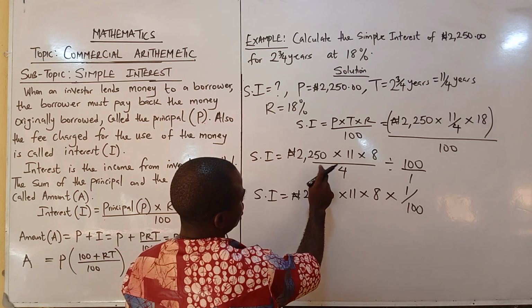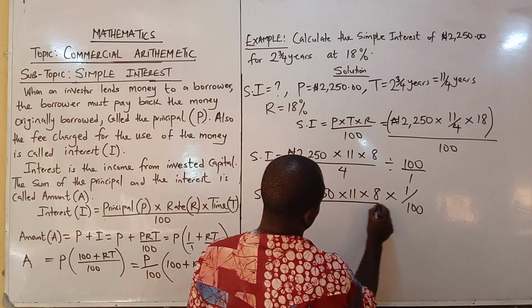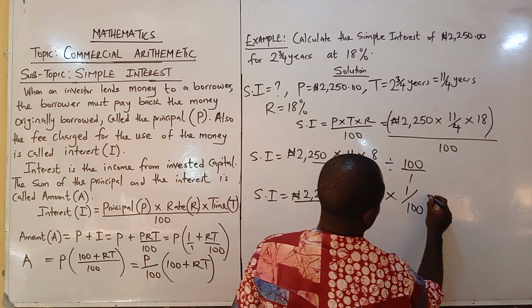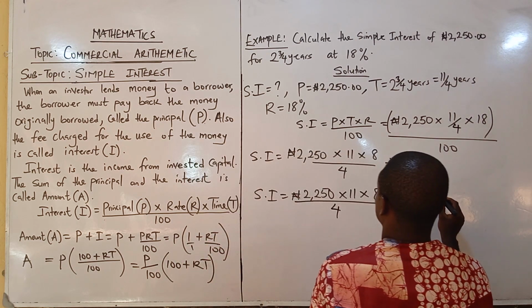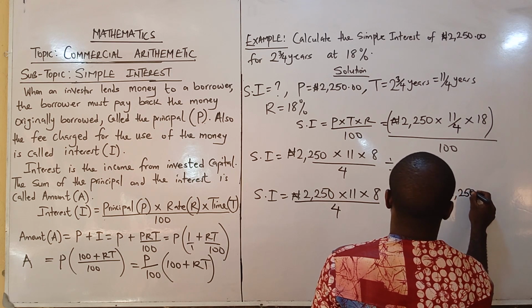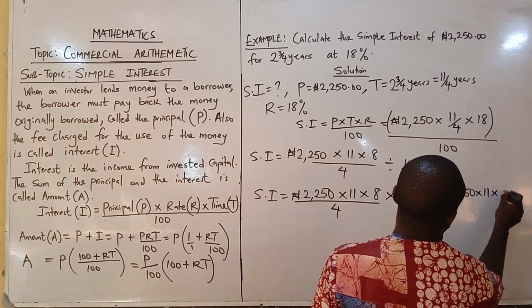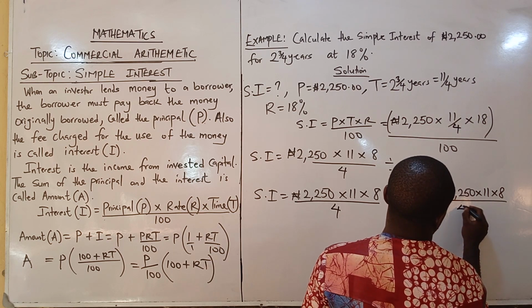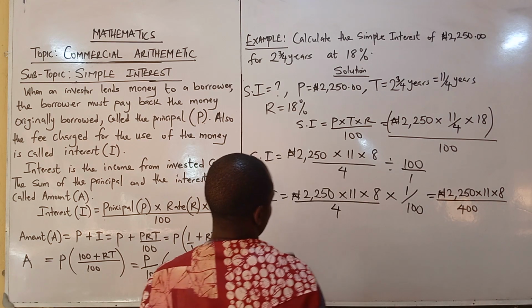Don't forget that there's over 4 here. Divide by 4. Now it will equal 2,250 times 11 times 18, divided by 400.